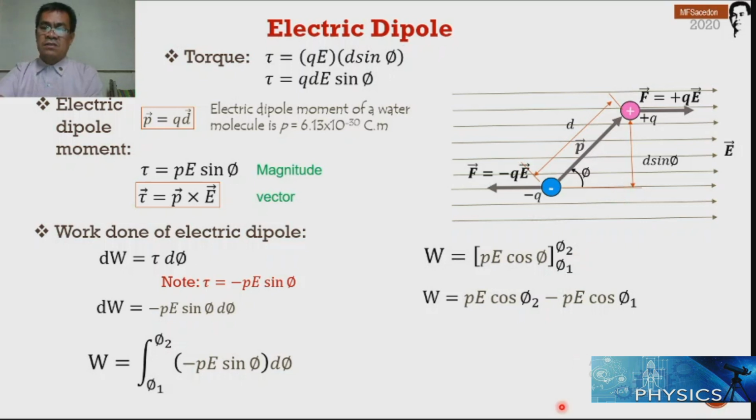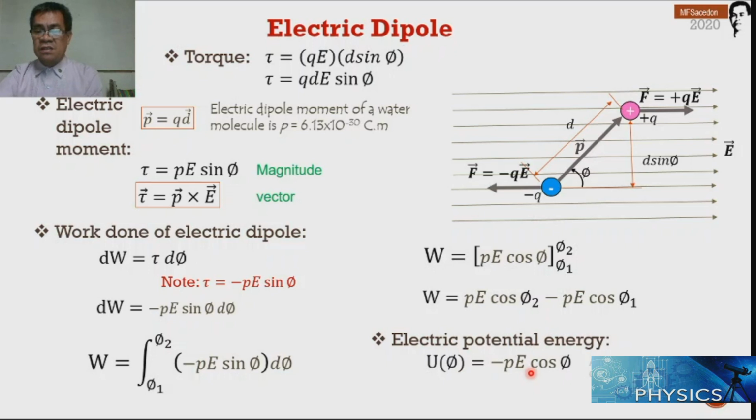Okay, so this is how to calculate work done. And take note, PE are common, so we can take them out. By definition, electric potential energy is the product of these, which means that this is a kind of electric potential energy.